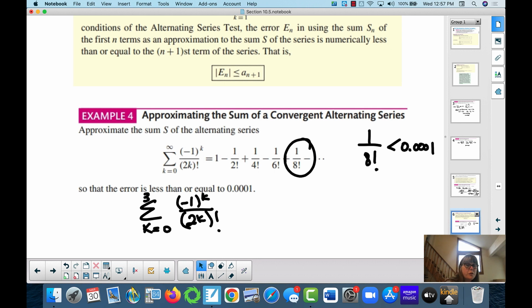When we add those first 4 terms, putting that in your calculator, you get approximately 0.540. And so we can say that this series converges and the sum is about that, and our error is less than 0.001. Less than or equal to.